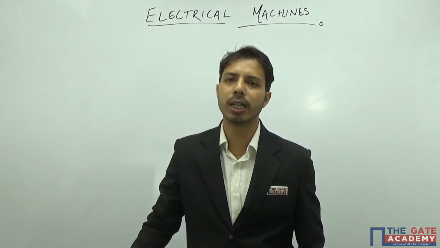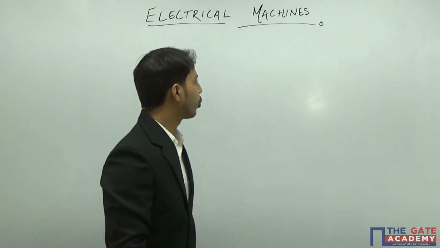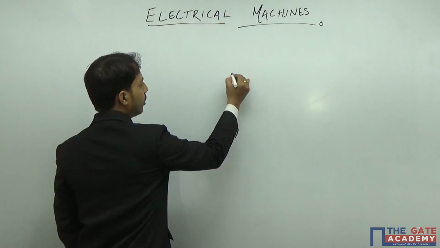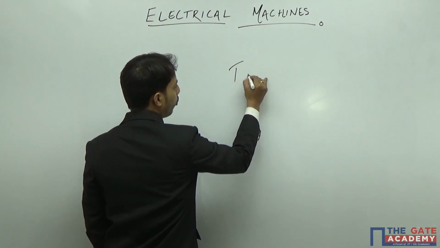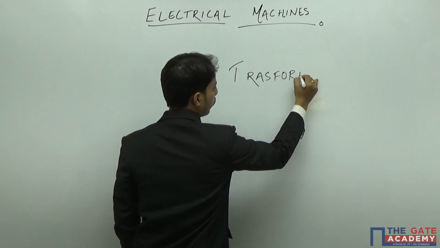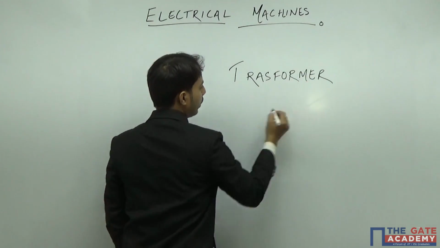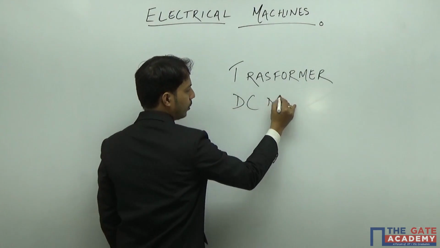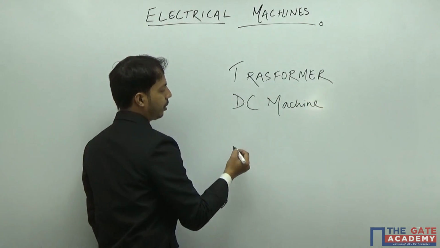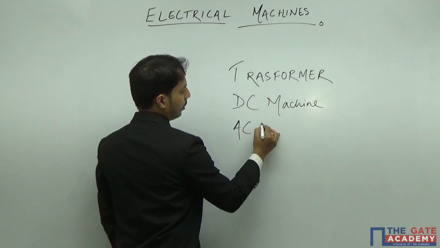As we all know, the electrical machines course for GATE consists of 4 main topics, which are transformer, DC machine, and AC machines.